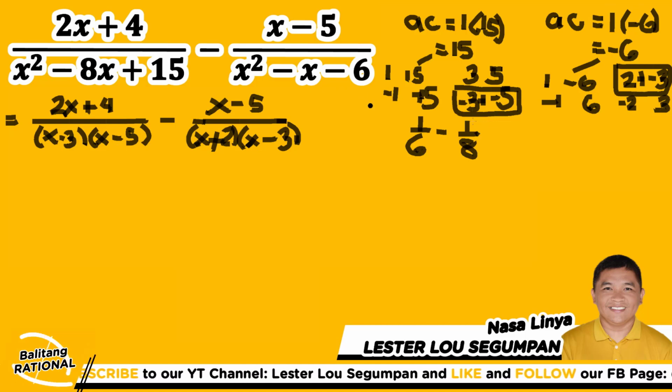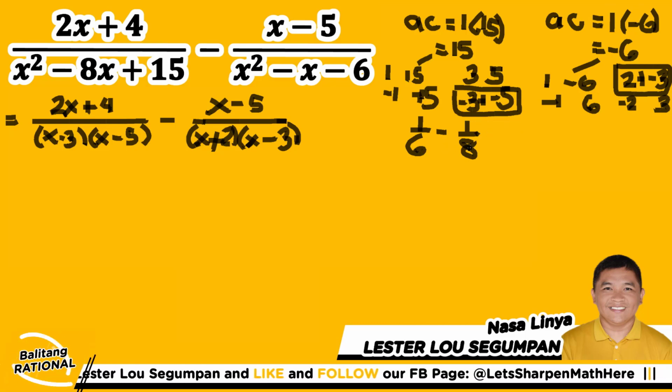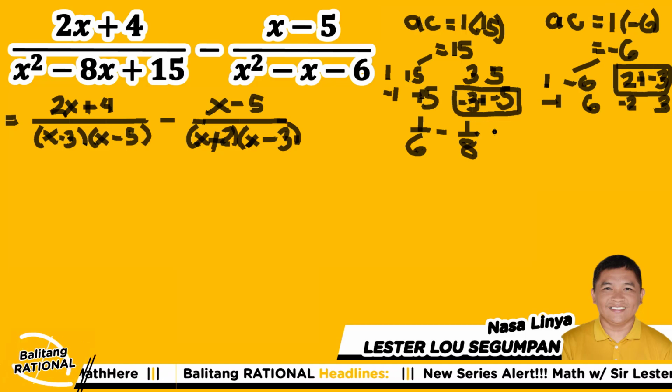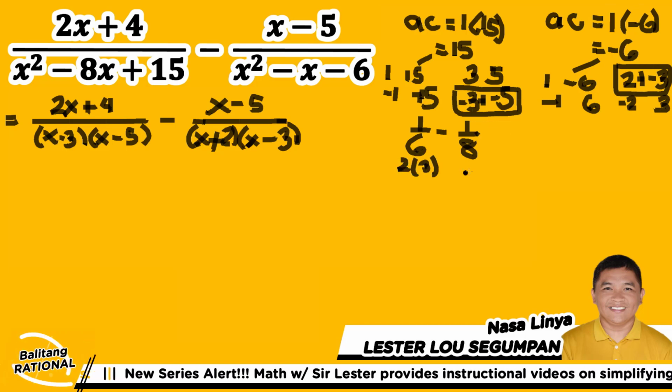So yung gagawin natin is maghahanap tayo ng LCD. In 1/6 and 1/8, you could try 48 because you can simply multiply 6 times 8, you will get 48. But yung 48 po, hindi po siya tinatawag na least common denominator. Kasi nga, may mas konti pa sa kanya. Yung 6 natin can be represented as 2 times 3. And yung 8 natin is 2 times 4.